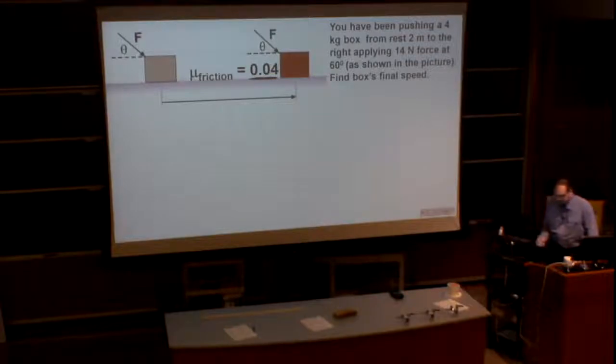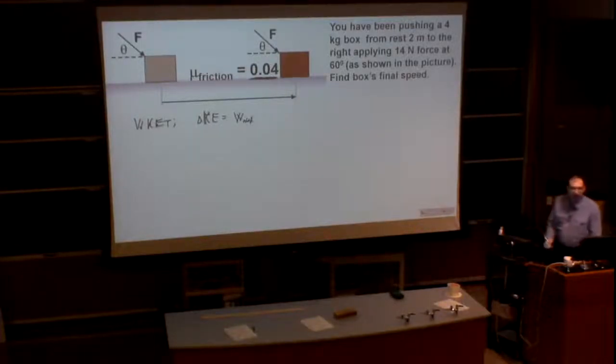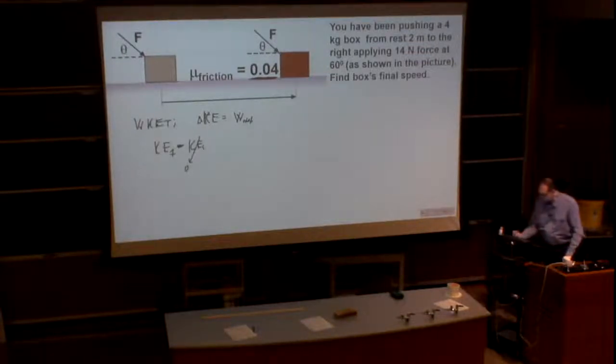And that forces me, because of my force of habit, to use Work-Kinetic Energy theorem, which tells me that change in the kinetic energy of this box should be equal to the net work done by all forces on this box. So on the left-hand side of this equation, I have the difference between the final kinetic energy and initial kinetic energy. The initial kinetic energy is zero because the box starts from rest.